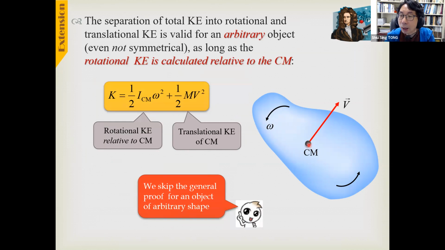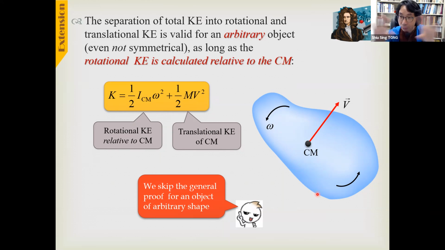But I want to make a more general statement: the separation of the rotational kinetic energy and the translational kinetic energy will work as long as you take the rotation and the translational motion about the center of mass. It doesn't matter even if you have a non-circular object.